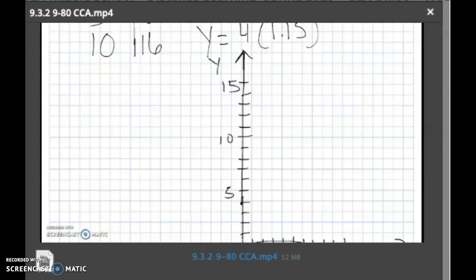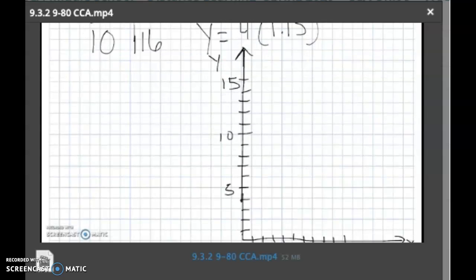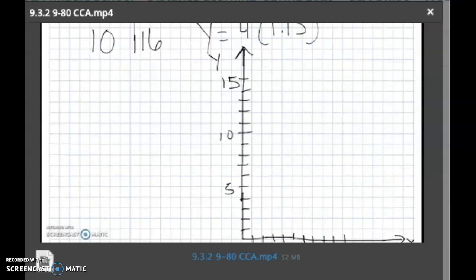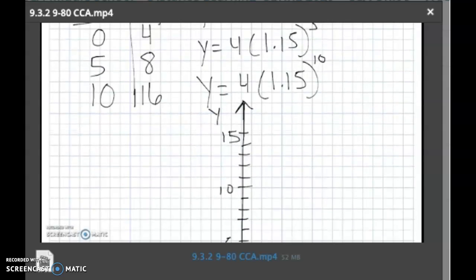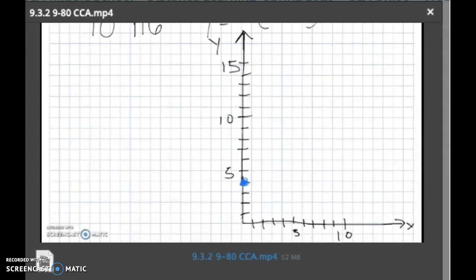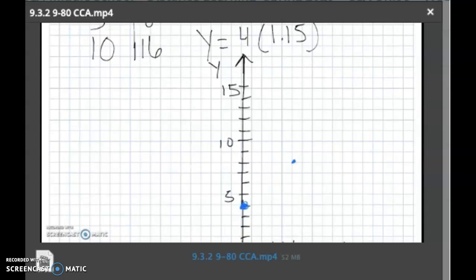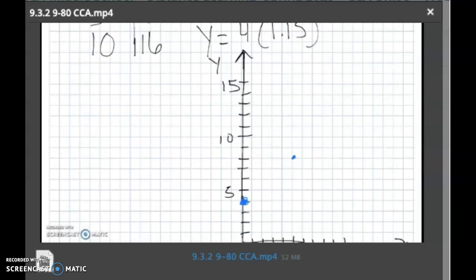Now I'm going to plot the points that I know: (0, 4), that's my starting point, then (5, 8) approximately, and (10, 16).